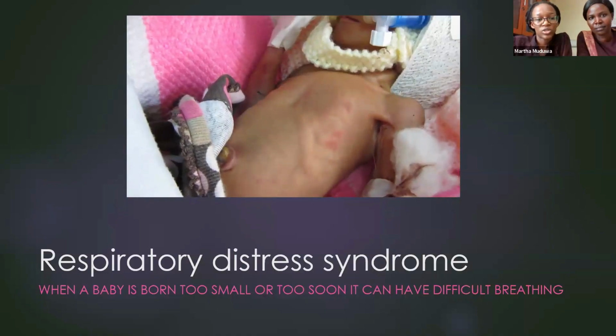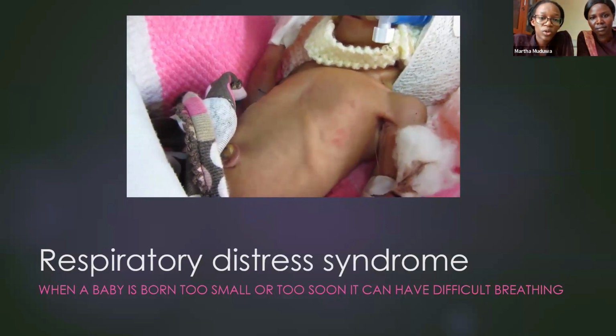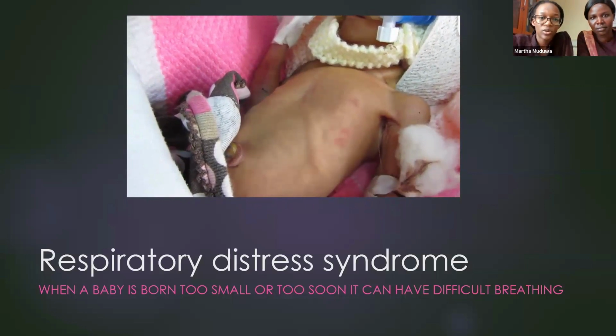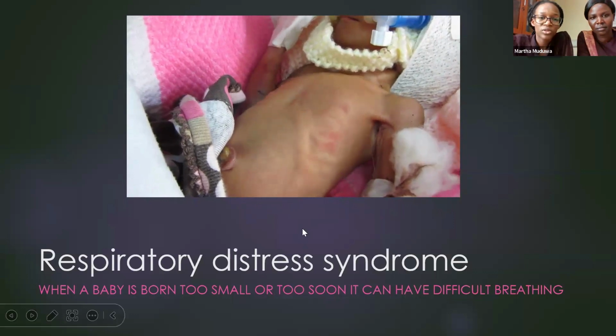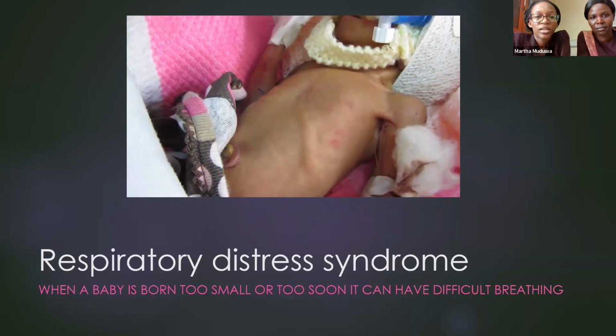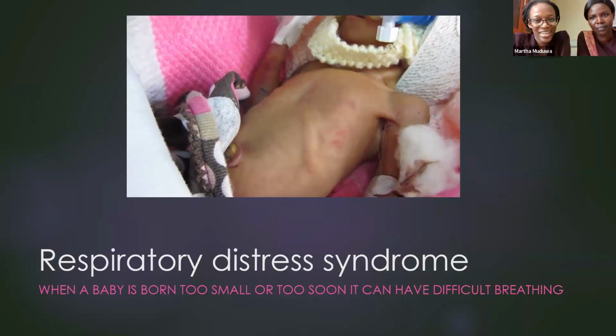Okay, so respiratory distress syndrome, when a baby is born too soon, or when they're too small, they can have difficulty in breathing. As you can see in that video, we have a baby who has labored breathing, they have subcostal recessions, sternal recessions, they're tachypnoeic, and they're struggling to breathe, basically.